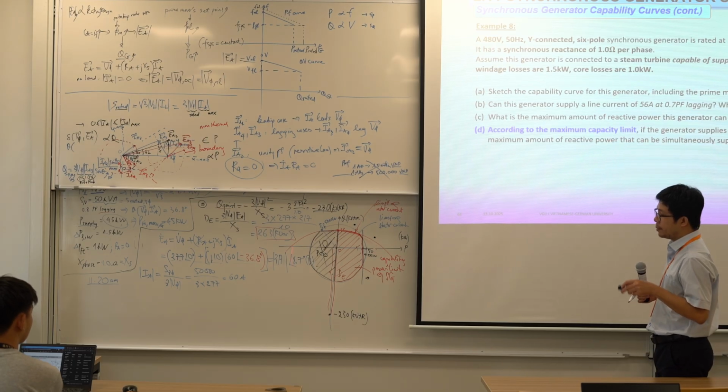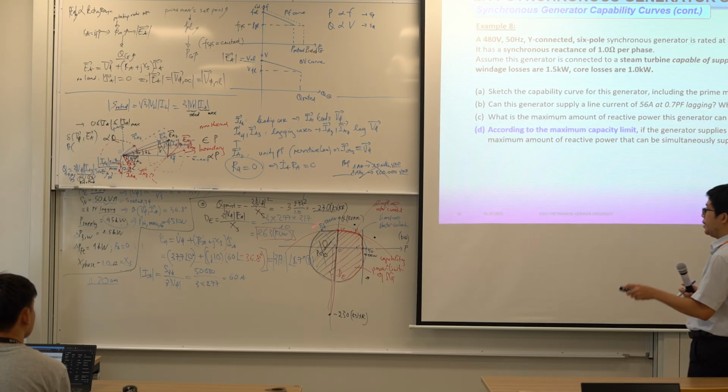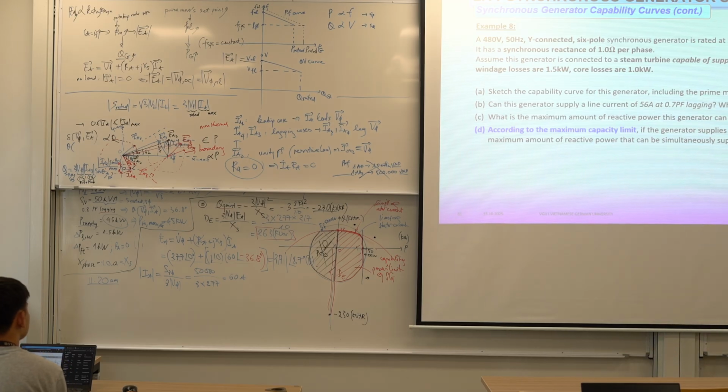Now look at this power capability limit. We have three parameters you need to consider: P, Q, S. For the synchronous generator, S rated is 50 kVA. P and Q follow the limit curve.